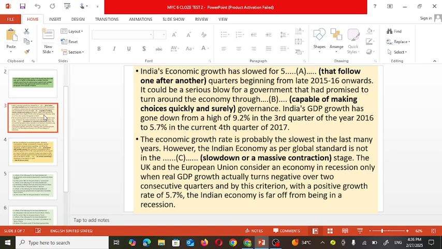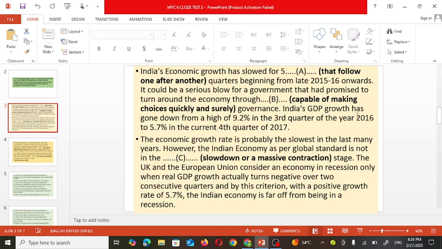Let's read the paragraph. India's economic growth has slowed for 5 dash quarters beginning from late 2015-16 onwards. It would be a serious blow for a government that had promised to turn around the economy through dash governance.